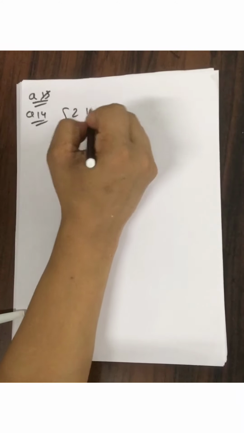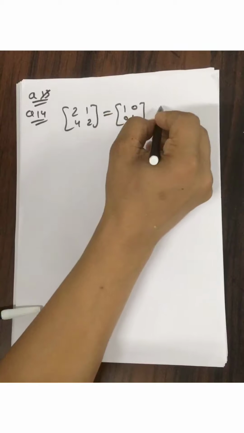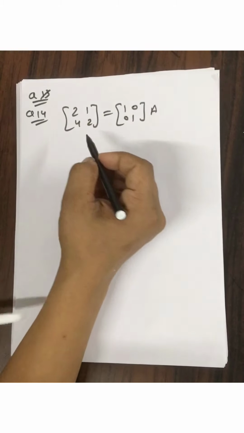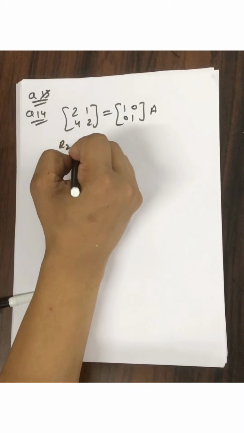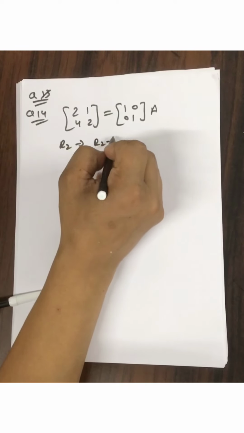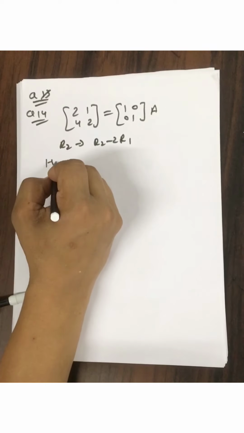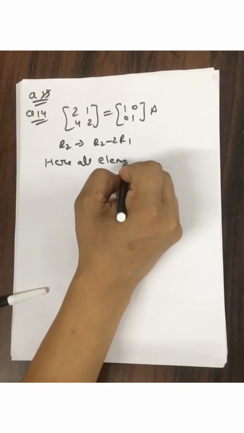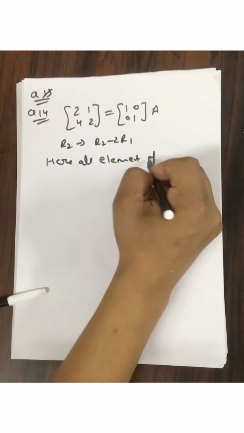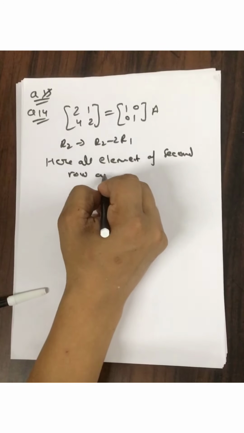4, 2. The pattern is same, so you can try 1, 0, 0, 1 and into A. This is question number 14. The same process. R2 minus 2 R1. Now what happens? Again, here also all elements of second row are 0.